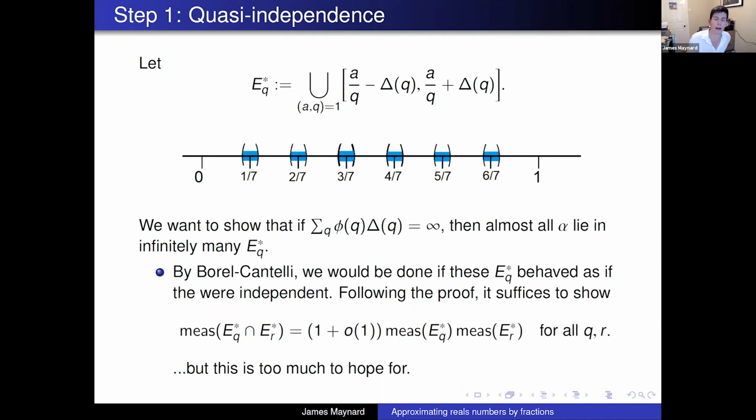It would suffice to show that the intersections of two of these different sets, E_q star and E_r star, have measures that look sort of multiplicative.